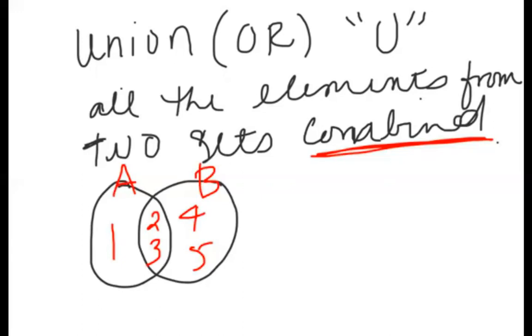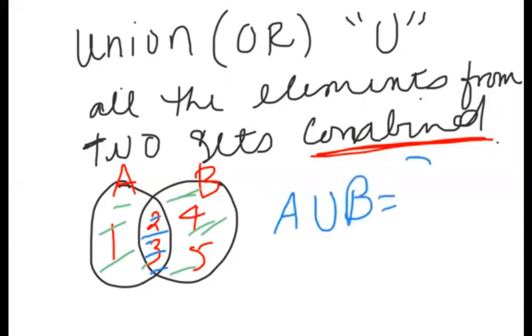So they want elements that could just be in A, or elements that are just in B, or elements that are in both A and B. So as long as those elements satisfy one out of the 3 requirements, then yes, it's a part of the union. So in the case of the union of A with B, it would include the elements 1, 2, 3, 4, and 5. Okay, so all of them put together. And that's it.